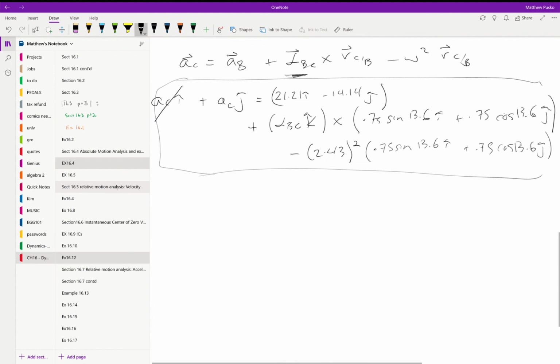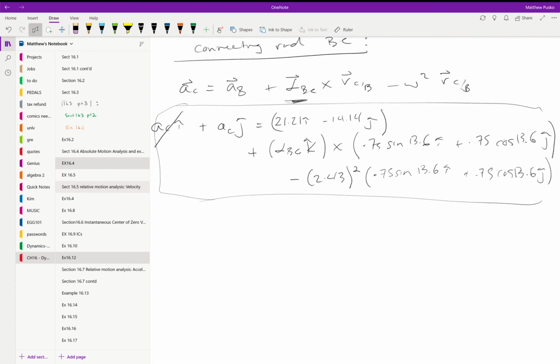So equating components in the I direction, we're going to get 0, there's nothing on the left hand side, is equal to 20.17 minus 0.729 alpha BC. We don't know this, so we need one more equation, or we can find this now. And we really just needed to equate the components in the J to figure out what a of C is.